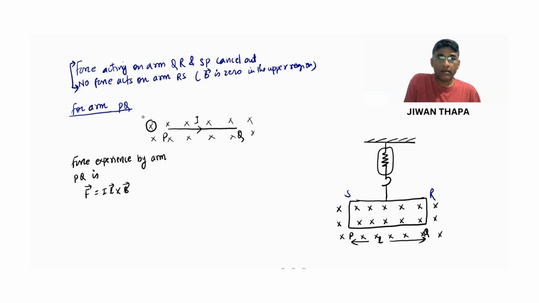As I said earlier, magnetic field vector B is perpendicular to the plane of the rectangular loop or plane of the board and is directed inward. Okay. And the length of PQ is L. Clear? So what do we find? We find angle theta equals 90 degrees.